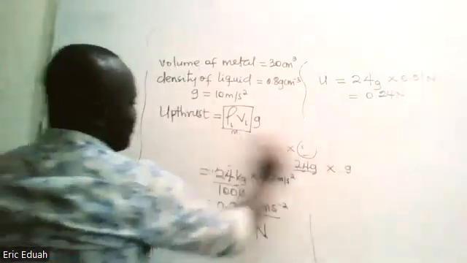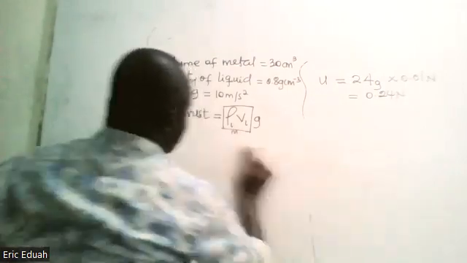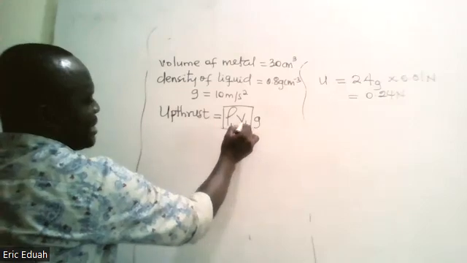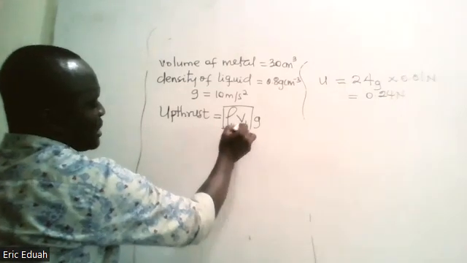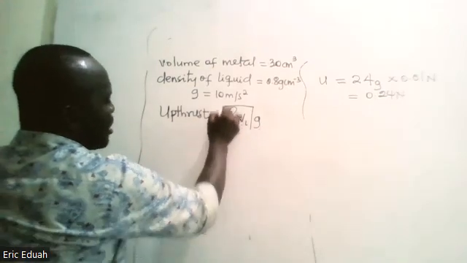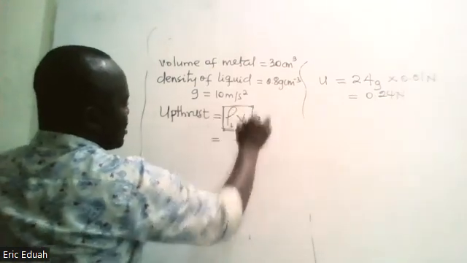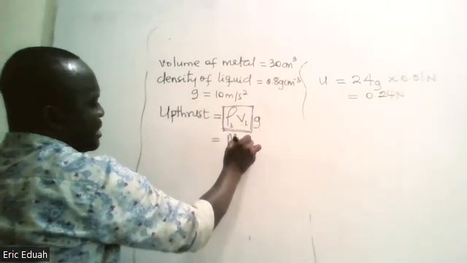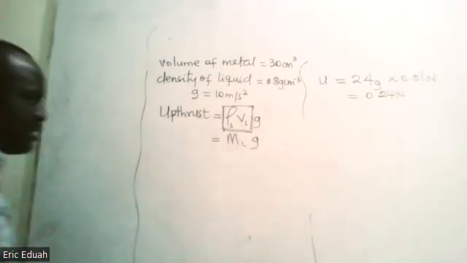You see, we pick the same thing from here. Upthrust is equal to density of liquid times volume of liquid times gravity. And what I've put inside the box is mass of liquid displaced times gravity.